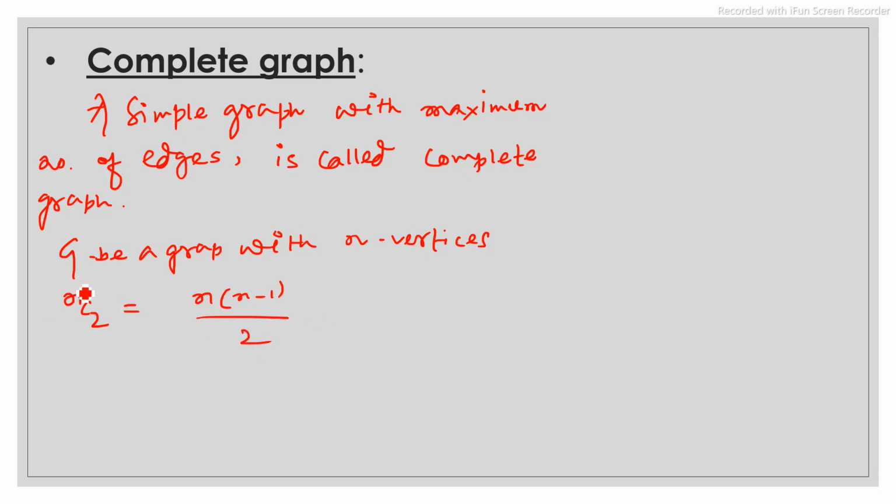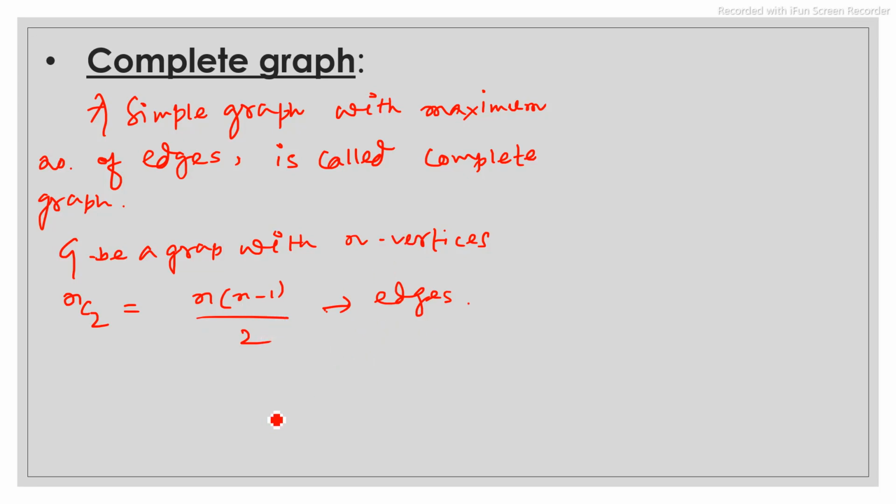This is also a formula. In a complete graph, if G has n vertices, then a complete graph G with n vertices has nC2 edges, n into n minus 1 by 2.